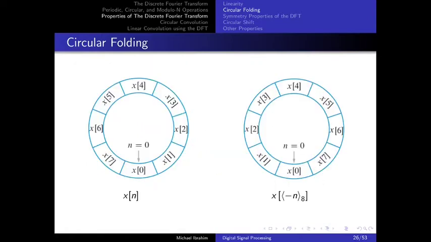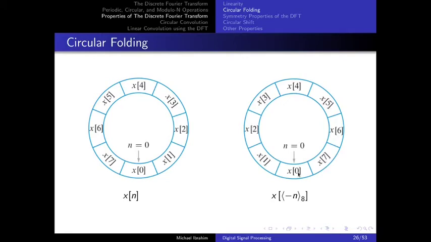Same result will be obtained if we do it in a circle. So if we draw x of n in a circle, x0, x1, x2, x3, up to x7, doing the circular folding, basically we'll keep x of 0 as is, and reverse all other samples. So x of 0, x of 7, x of 6, x of 5, 4, 3, 2, 1.